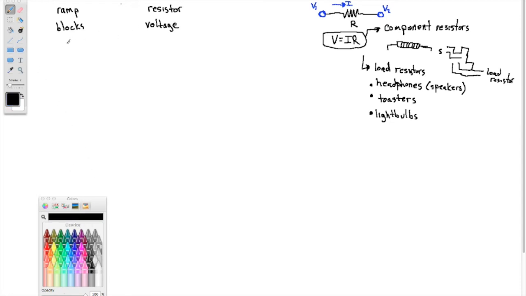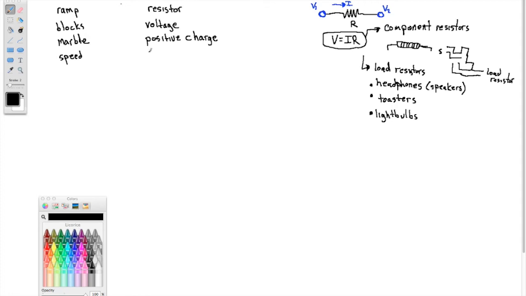Okay, back to the analogy. So the blocks are the voltage. The marble, that's positive charge. The speed of the marble. Do you know what that is in this analogy?